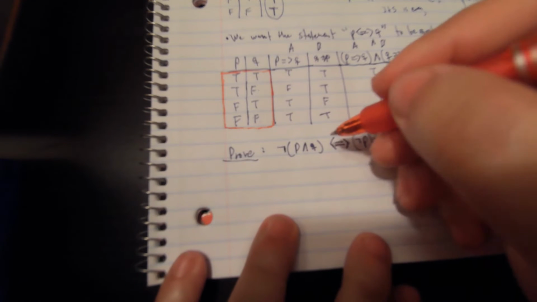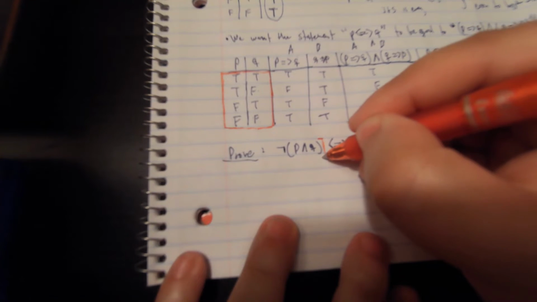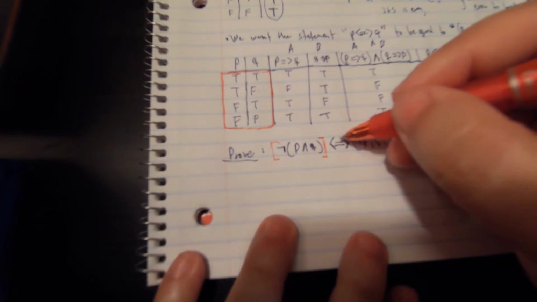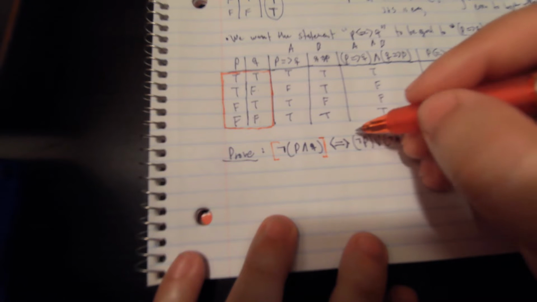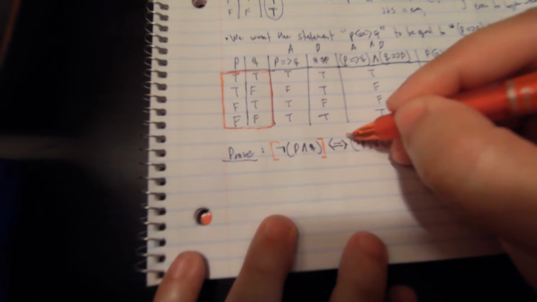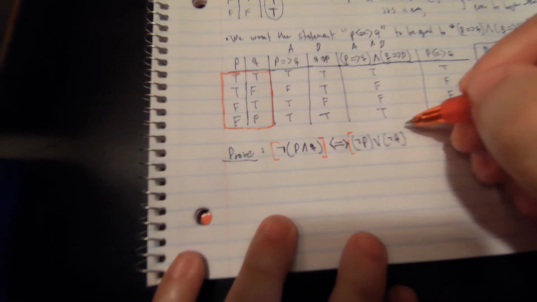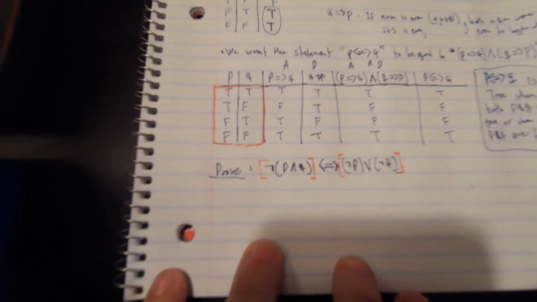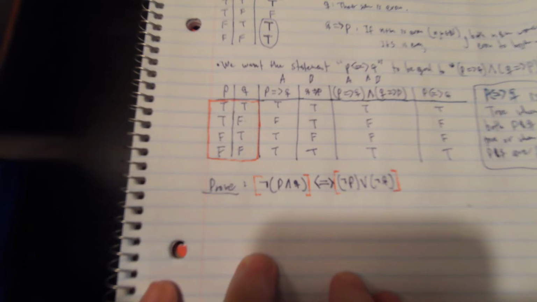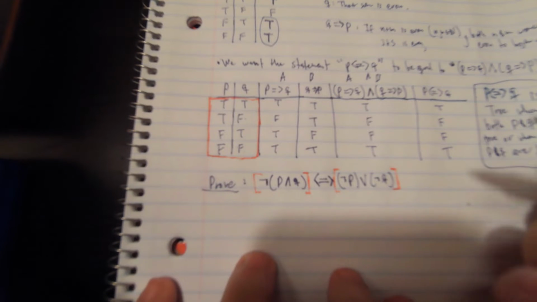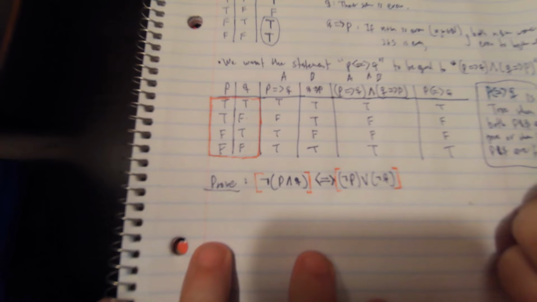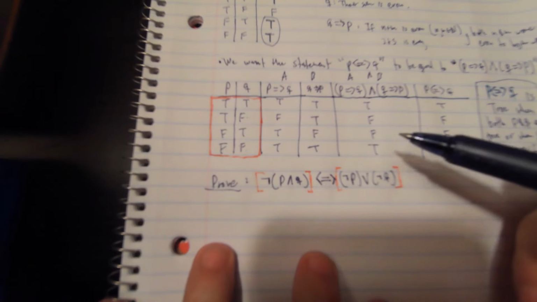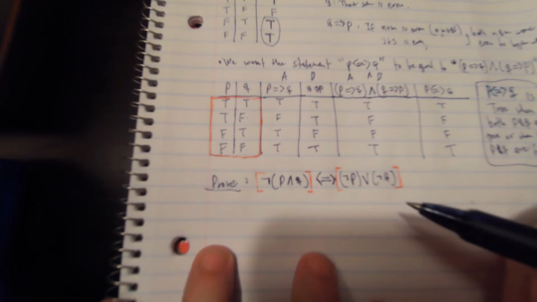So I'm saying that this statement alone, the negation of P and Q, is equivalent, meaning if and only if, this other statement, not P or not Q. While I write down these truth tables, you can think about it yourself. Think of a statement that's P and Q, like a blue car.